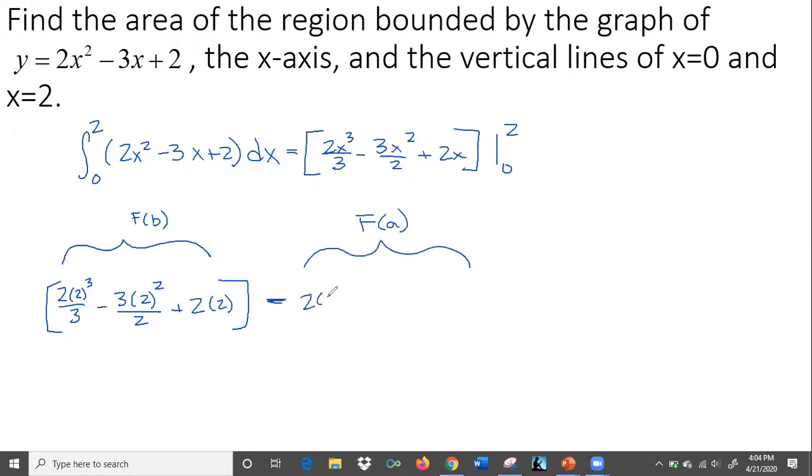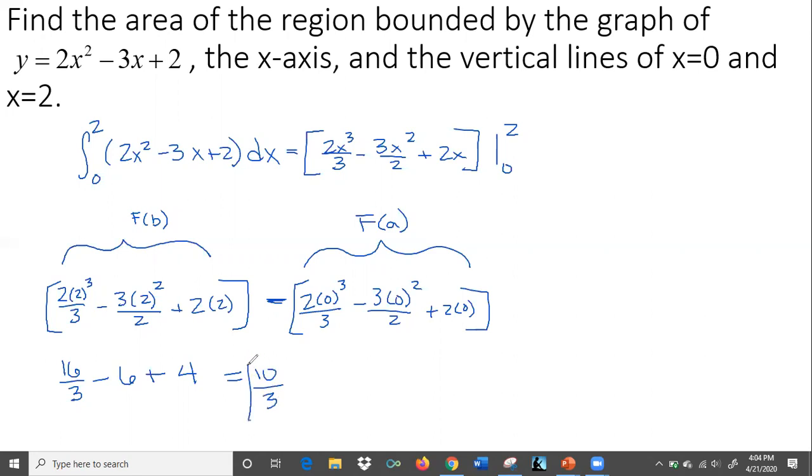We have 2 times 0 cubed over 3 minus 3 times 0 squared over 2 plus 2 times 0. As we can see, all of these pieces have 0, so we're just left with the left side, which is going to give us 16 over 3 minus 6 plus 4, which simplifies to 10 over 3.